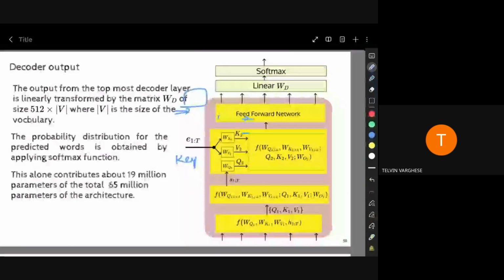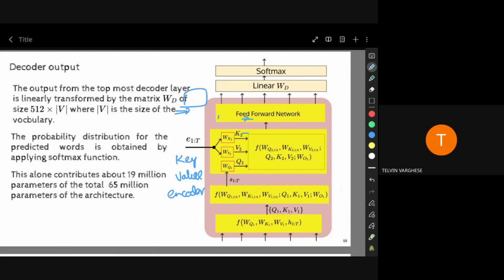You are going to multiply that with WK and WV, and whatever you get from that you're going to call K2, V2, or any number, it doesn't matter. That is the key and value you will take from the encoder. Just remember that key and value are coming from the encoder, and the query will come from the decoder.